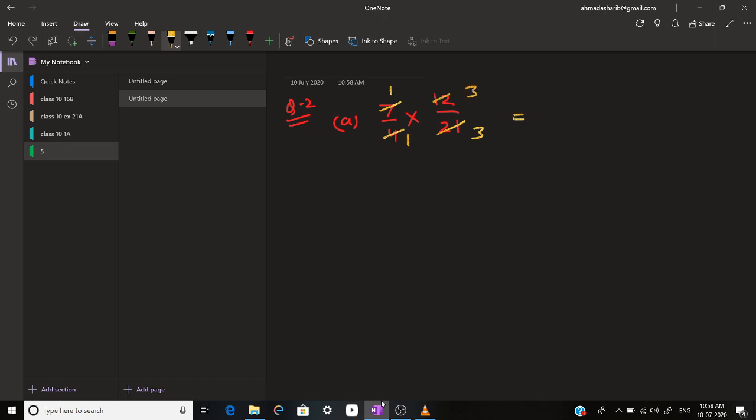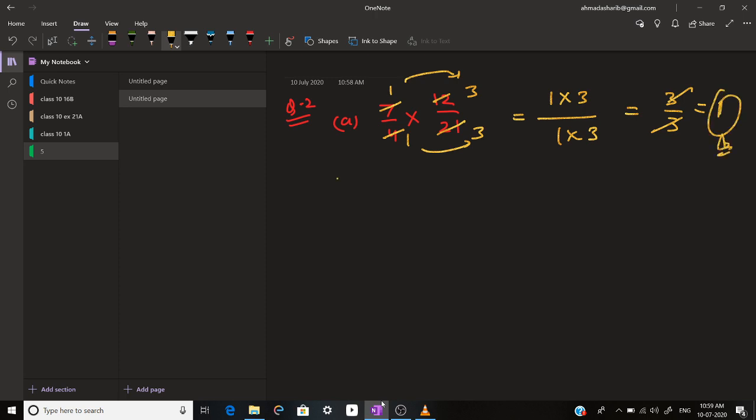So what we have got here, 1 into 3, this 1 into 3 and this 1 into 3 in denominator. Now 3 upon 3. Now students, if we have same numbers in numerator and denominator, they also cancel each other and the answer is 1.